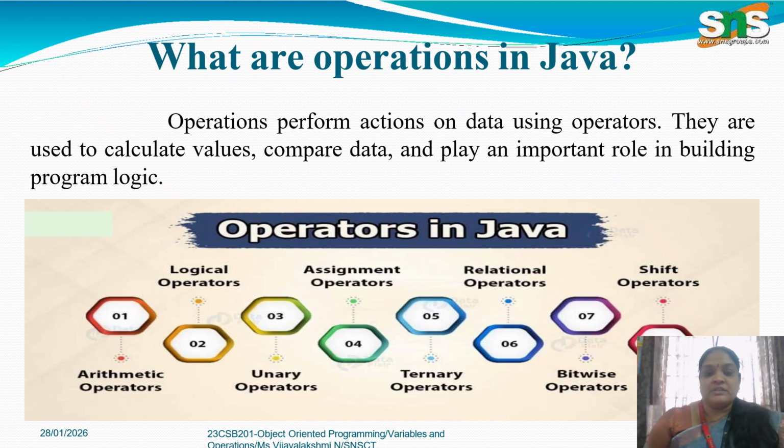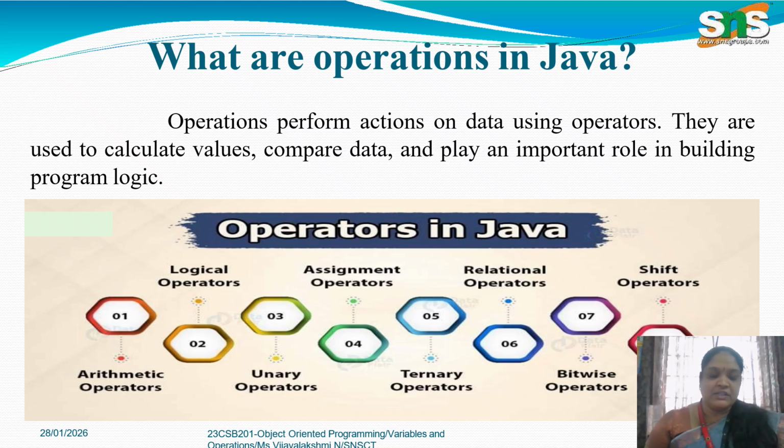The next topic is operations. To perform any kind of action or task in a programming language, we need an operator. Programming languages are nothing but a form of expression.